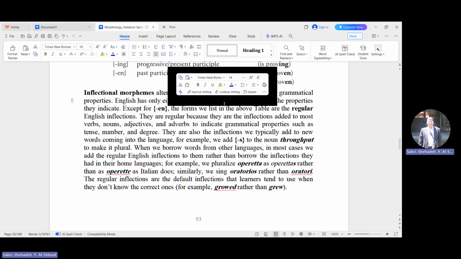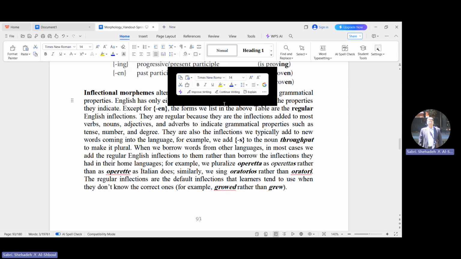We should pay attention to the fact that these are the inflections that we add to new words coming into the language, because these words do not have any canonical roots and do not have systematic inflectional or derivational mechanisms reflecting their behavior in production.